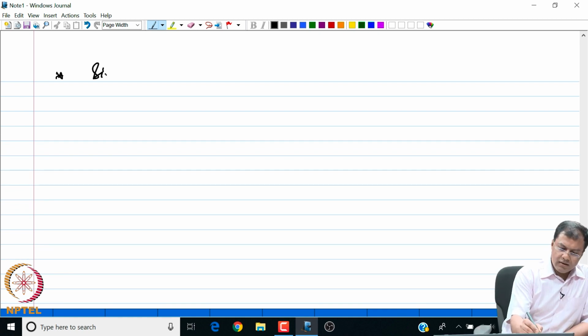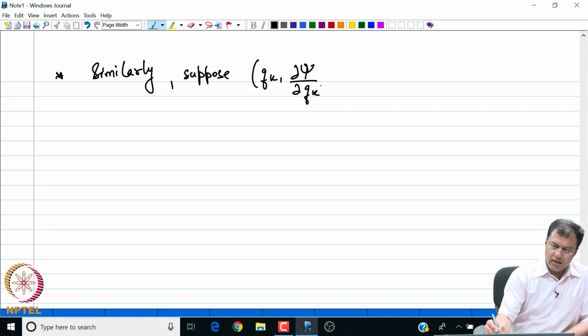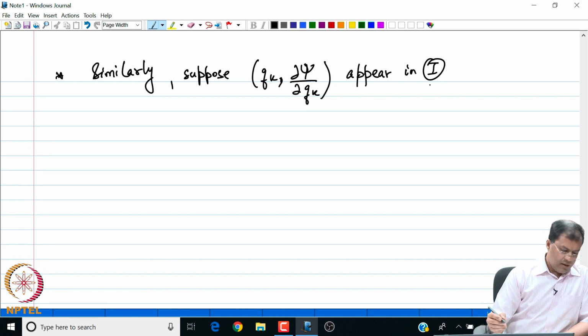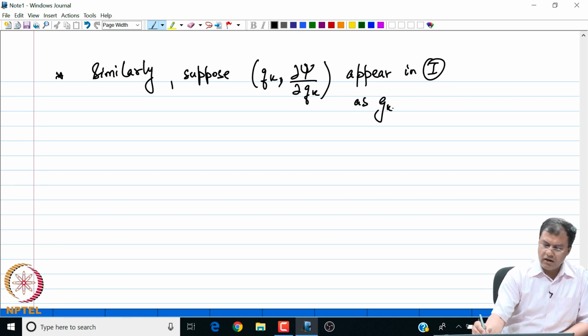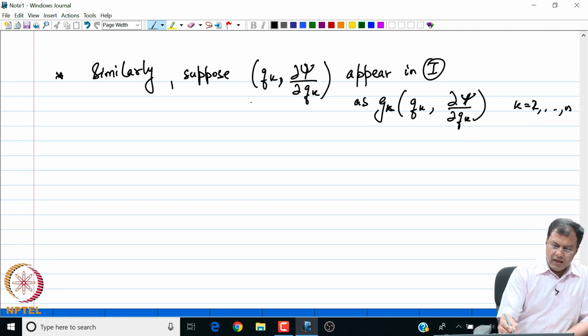So similarly, what I have is, suppose Qk comma del psi del Qk appear in 1 as the functional form Gk of Qk comma del psi del Qk, right, and so they appear as the functional form Gk, where Gk's are all known from 2 to n for each of the cases, and from here I can deduce that psi of q bar comma capital Q bar can be written in the form of psi 1.